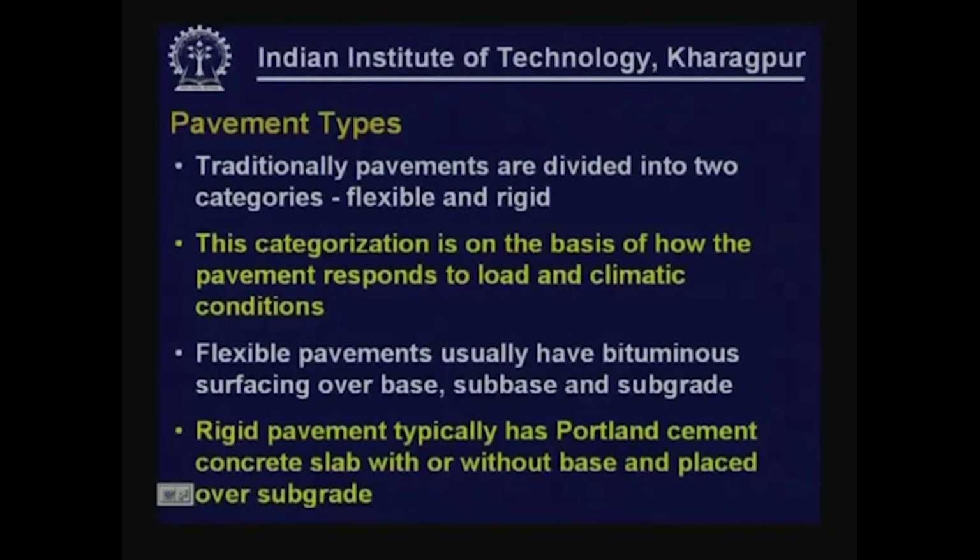There will be flexible pavements without bituminous surfacing also. So, basically you will have subgrade, subbase or base, either both or one of them, and as a surfacing it may be either bituminous or simply granular. It can come in other combinations also. Rigid pavement typically consists of a Portland cement concrete slab with or without a granular base, both placed over subgrade.